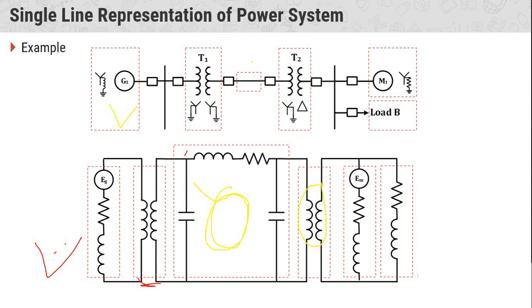Then in between is the transmission line, then transformer 2, and then load M1 and load 2. This is the actual system, and it can be drawn using single line diagram symbols like this. First one is the generator. This block refers to this.